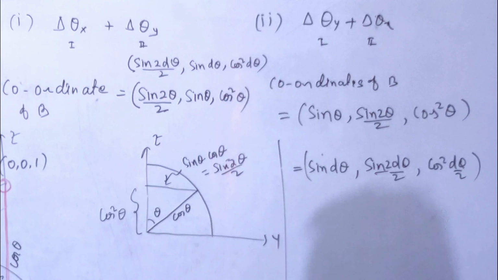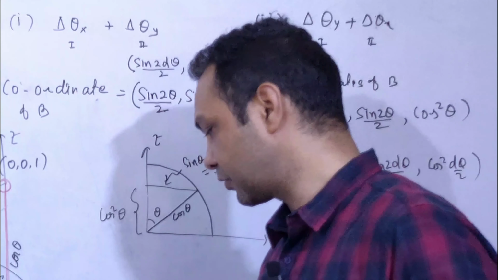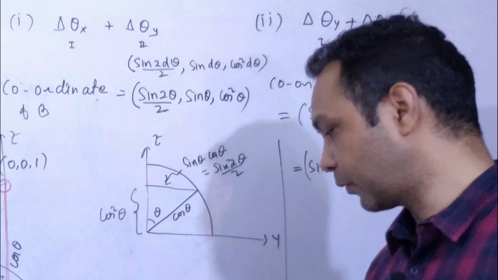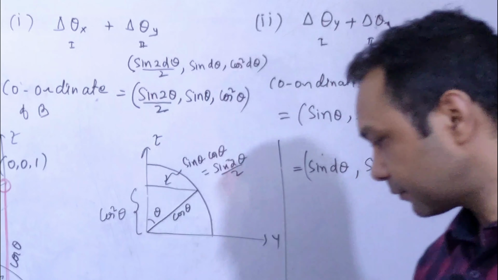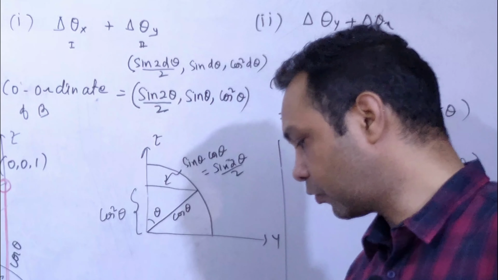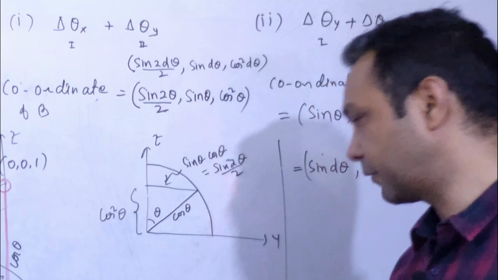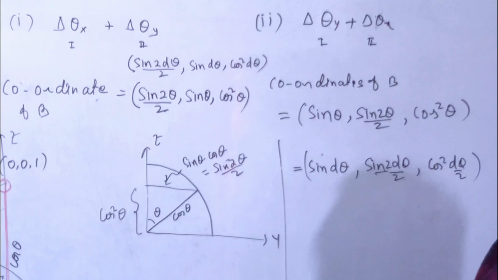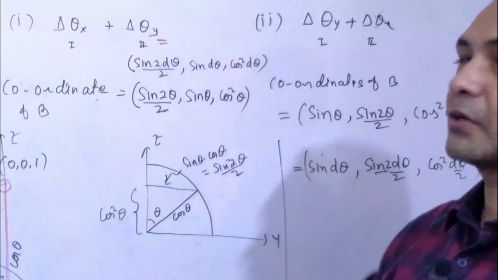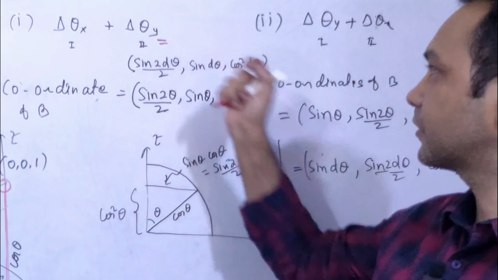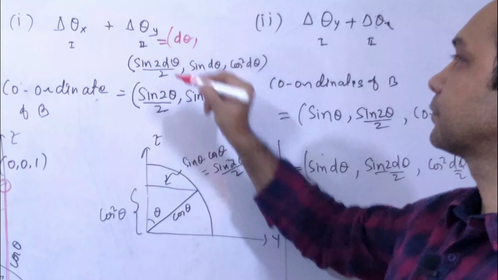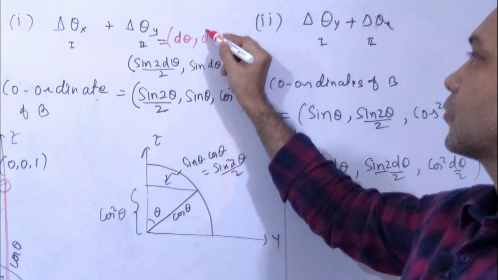We know that if x is tending to 0, very small, then sin x, provided x is measured in radians, tends to x, and cos x tends to 1. So these d theta are very small. Sin 2 d theta will become 2 d theta, and by 2, that will be just d theta, and sin d theta will also be d theta.